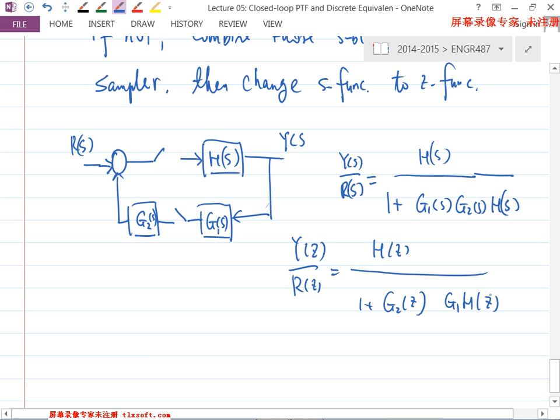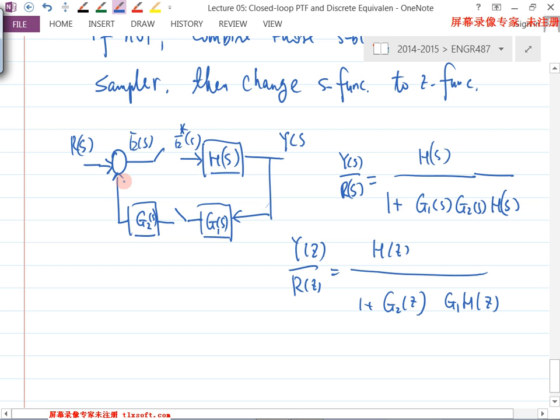Yeah, it's much simpler, but of course you have to get the closed loop transfer function right first. If you get this wrong, then it fails. Otherwise, you can always go through the loop. Basically, this is E of S, this is E star of S. What's E of S?